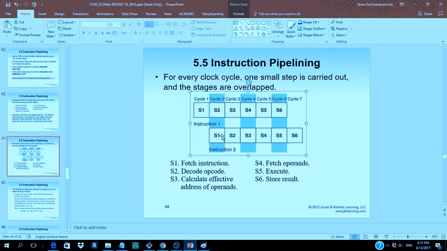While you fetch instruction 2, you can decode instruction 1. And while you calculate the address, you can decode instruction 2. Then instead of taking 12 cycles to complete this, it's shortened to 7 cycles. Make sense?